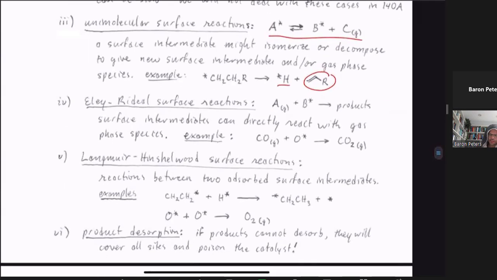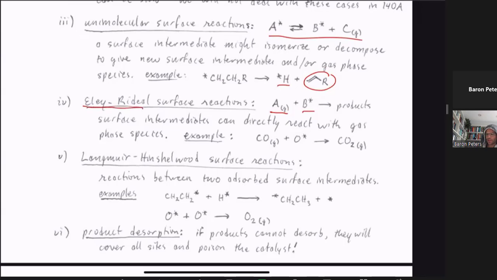Another example of an elementary step that can happen in catalysis is something that we would call an Eley-Rideal reaction. So in this case, you have an adsorbate on the surface, and it's going to directly react with a molecule from the gas phase without a preliminary adsorption step for the molecule from the gas phase. So if these two interact with each other directly without first becoming A star and B star on the surface, then that's an Eley-Rideal type surface reaction.